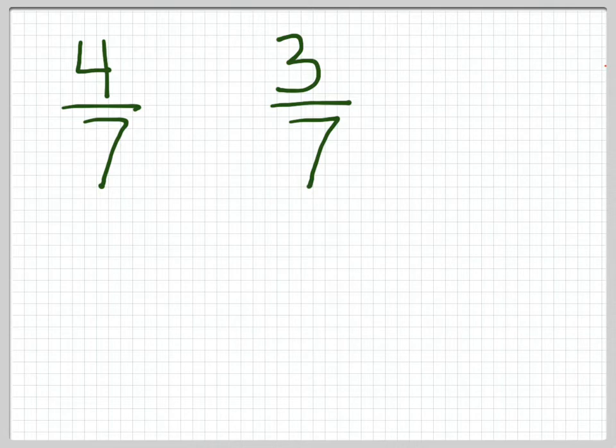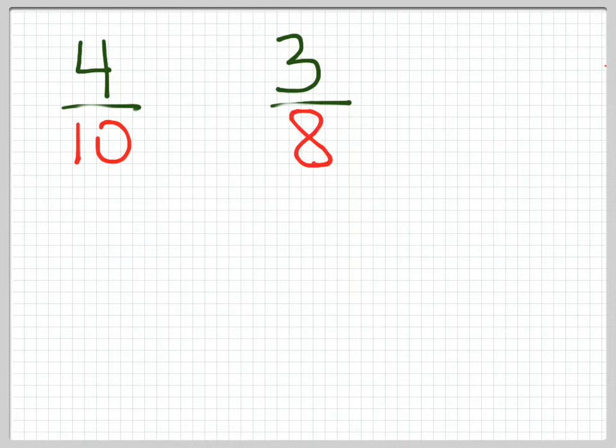This is all pretty nice and easy when you're dealing with sevenths and sevenths, but it gets a little bit trickier when you don't have a common denominator. For instance, what if instead of sevenths and sevenths, I was comparing 4/10 with, how about, 3/8?